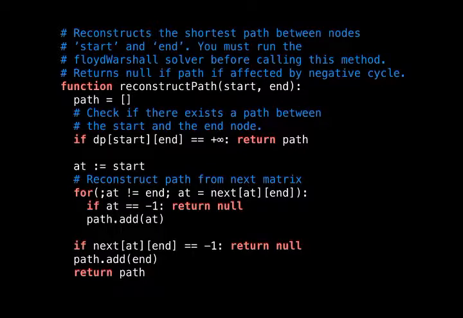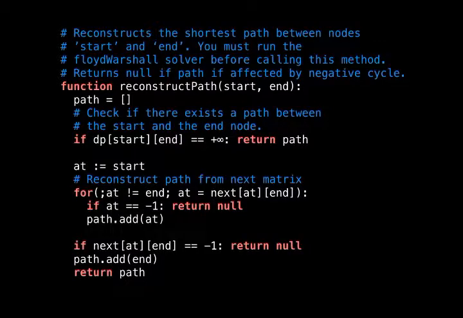If so, then return an empty path. Then, to reconstruct the path, I create a variable called at to track the current node, and then I loop through the next array, adding the current node to the path as I go. During this process, I check if the current node has the value -1. If it does, then this means that the optimal path encountered a red node and is trapped in a negative cycle, so return null.